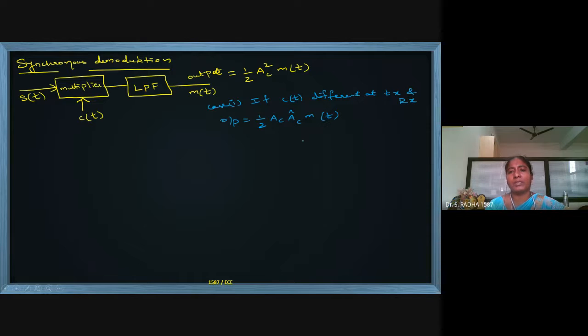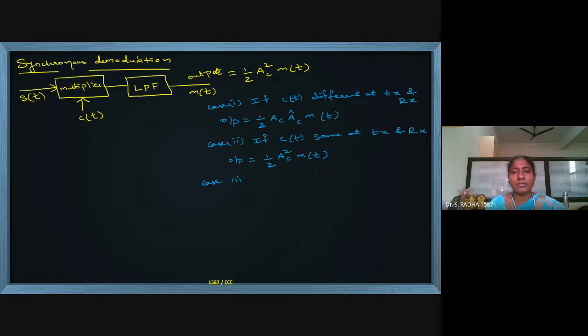And if both are same, if carrier used at transmitter and receiver are same, in that case we will get output as half AC square M of t. Same AC amplitude will be there at transmitter and receiver because we are using the same carrier.